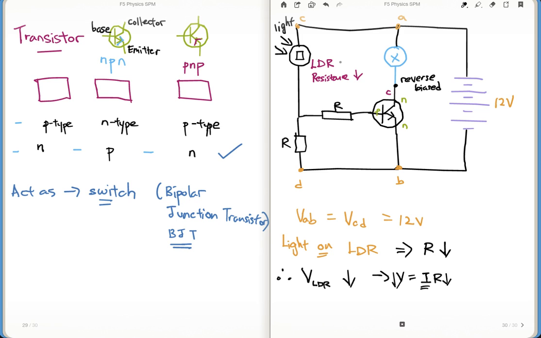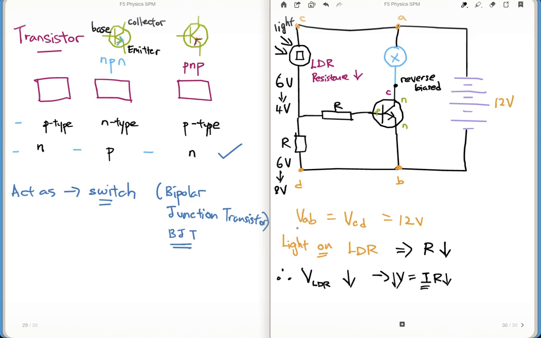Say for example, initially let's say it's balanced, 6 volt and 6 volt. When you have light onto it, the 6 volt will go down to maybe 4 volt. Then the voltage here would go up to 8 volt to make it 12 volt, right?